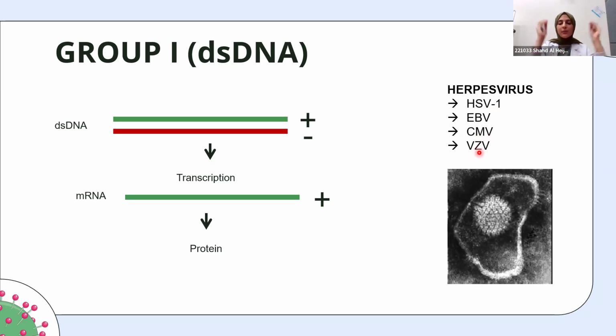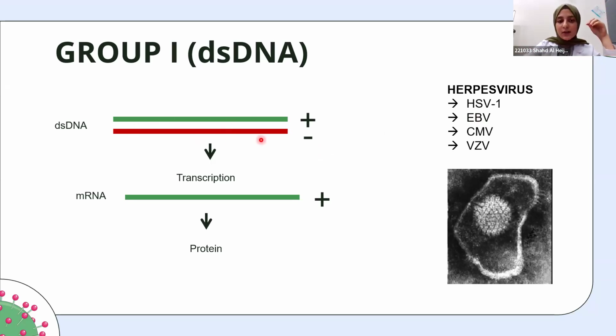Those 4 are under herpes virus. So if you get any of those, they are double-stranded DNA. If they ask you what the CMV genome is, you say it's double-stranded DNA because it's a herpes virus. They're all under herpes virus. In double-stranded DNA viruses, this is easy, simple, straight to the point, because it's like in humans.